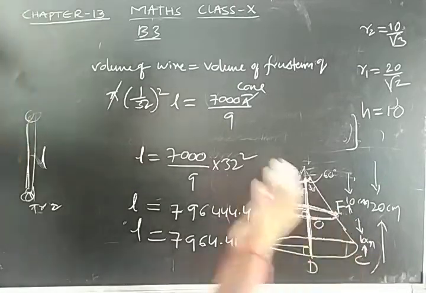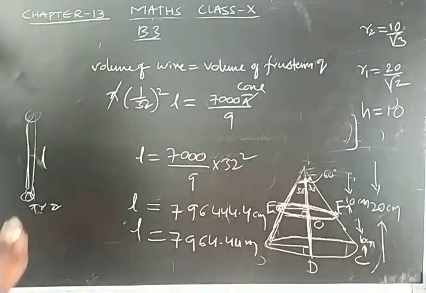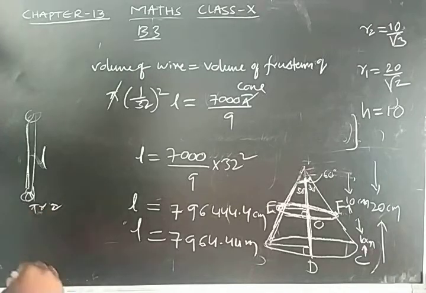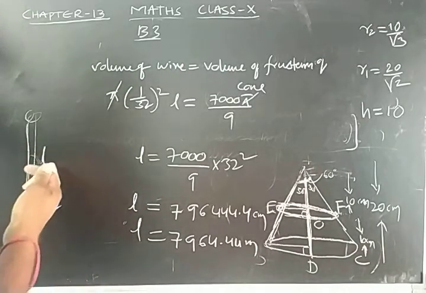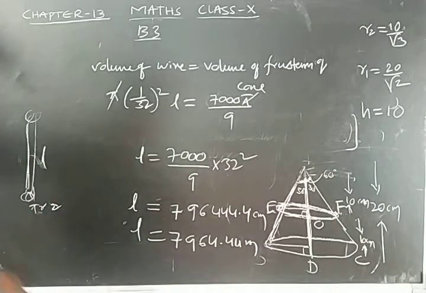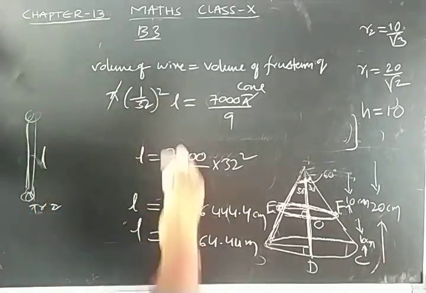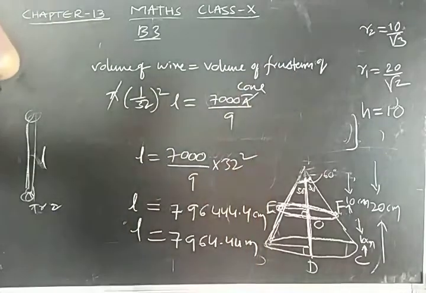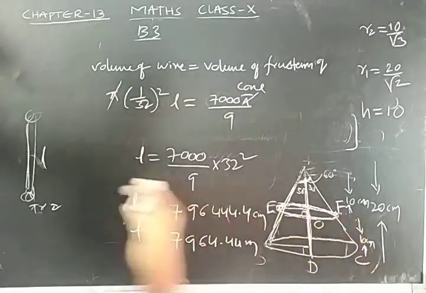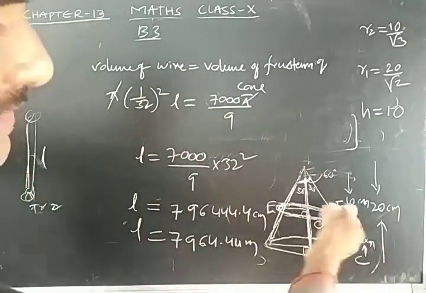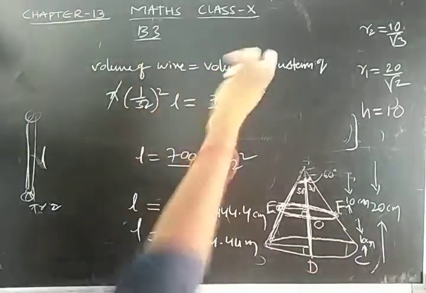Similarly, with the diameter of the wire given and L taken as the length, I found the volume of the wire. The volume of the wire and the volume of the frustum will be equal, because the wire is made from this frustum only.